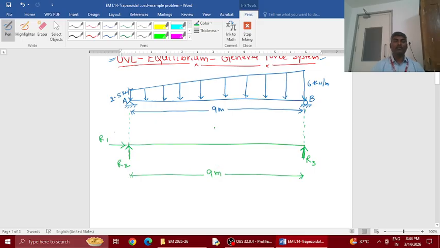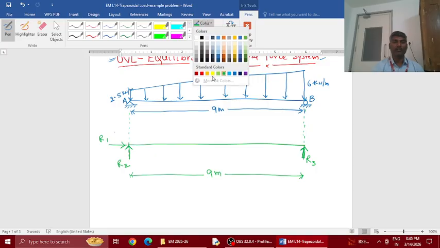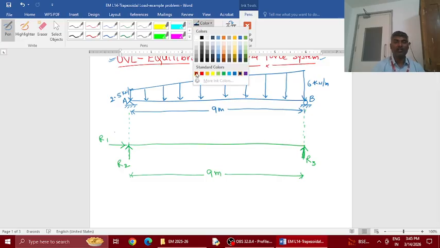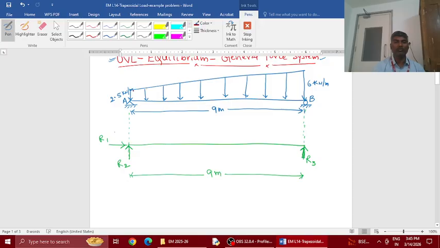Now the question is how to reduce this load into a point load. There are two ways of doing that. You can straight away reduce the entire trapezoidal load into a point load, or there is another simple way, to divide this given load into two loads.